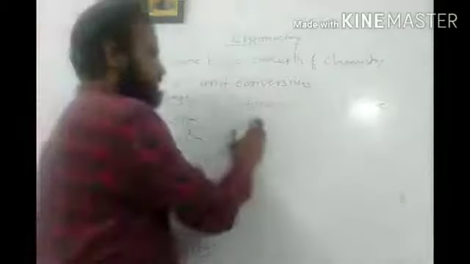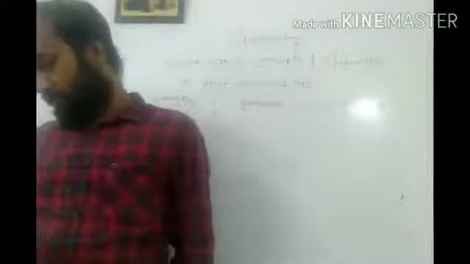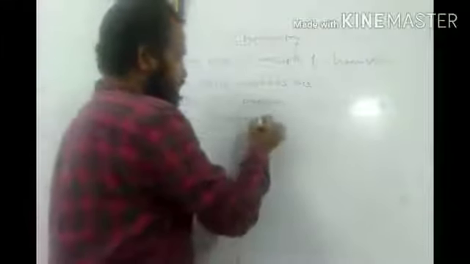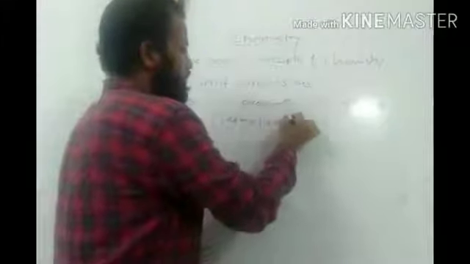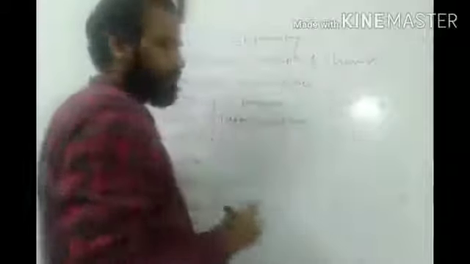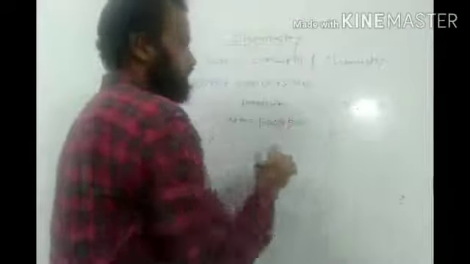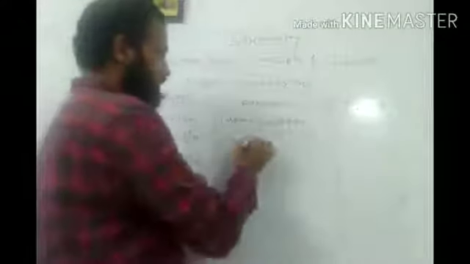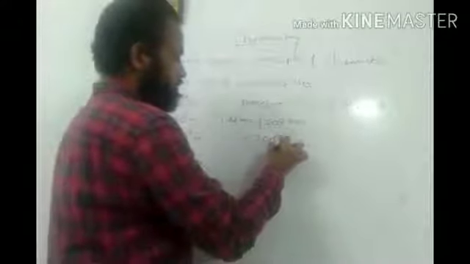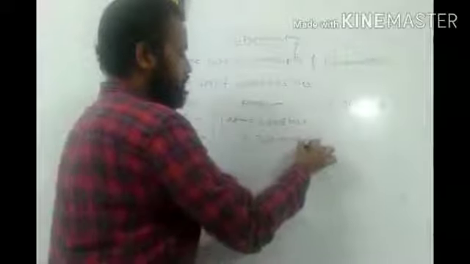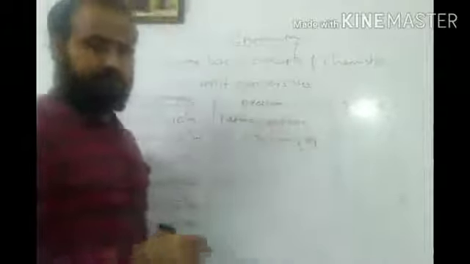Most of the time pressure is given in atmospheric pressure units. Let us say 1 atmospheric pressure is equal to 1.008 bar. Bar is also a unit of pressure. Then we can write this as 760 millimeter of mercury, or Hg, isn't it?